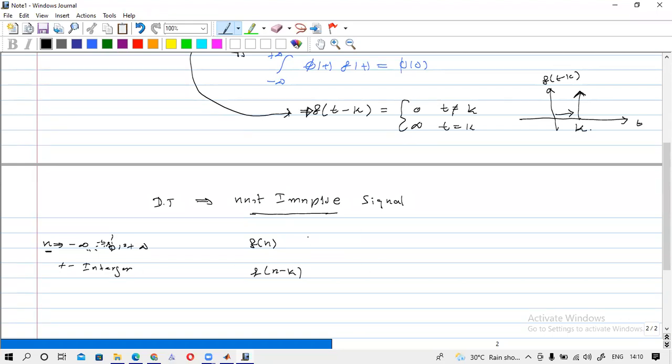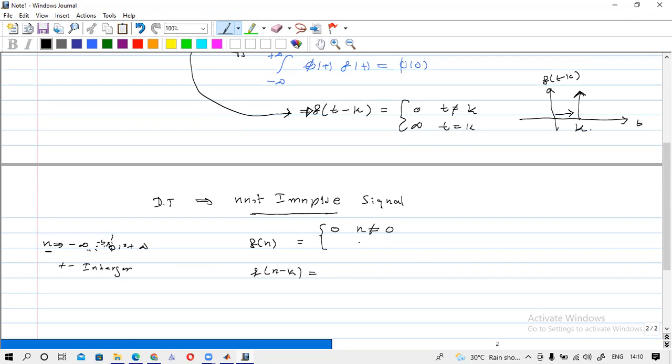Can anyone tell, can you remember? If I write it in this way, it is just like in the continuous time case: it is 0 when n is not equal to 0.